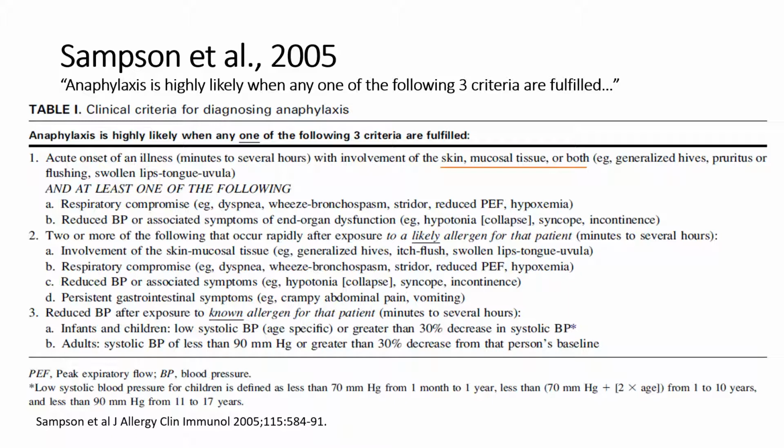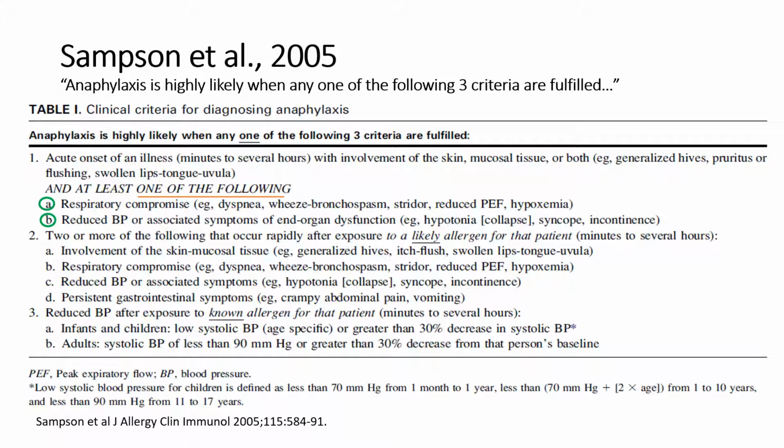Criterion number 1 is actually agnostic to the potential allergen or the drug that could be immunogenic. It's extremely useful when we do not have the complete history but we have a presentation in the emergency room. Besides having the skin or mucosal tissue manifestations, there has to be at least one of the following, which includes respiratory compromise or reduced blood pressure or any symptom or signs of end organ dysfunction.